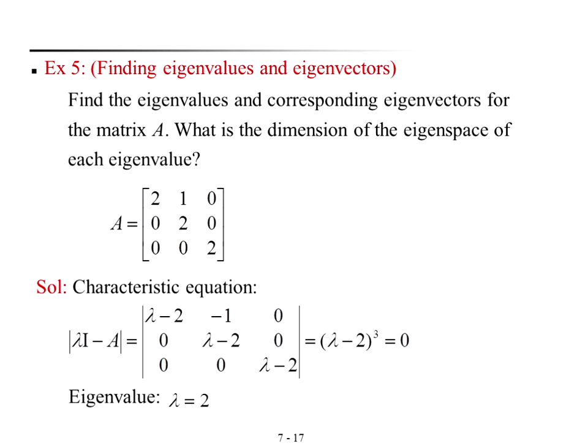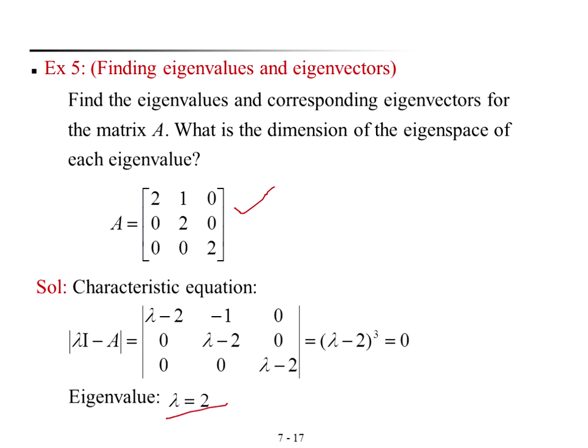So a matrix is given. We observe that this matrix is an upper triangular matrix because, as we know, property number 4: if there is an upper triangular matrix, then the eigenvalues are its diagonal elements. So since it is an upper triangular matrix, its eigenvalue is lambda is equal to 2.